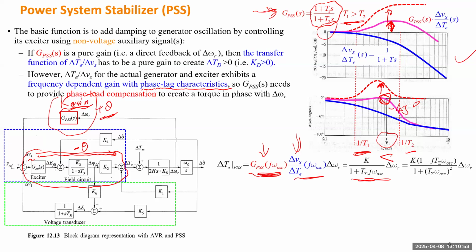If I just give you the very simple simplified version. So here the T sigma just means the total time constant, everything in the denominator. And if you make the denominator real and move the imaginary number to the numerator, finally you will have this one. It will have a real part and an imaginary part. The real part will be the damping torque, and the imaginary part, using the formula we proved, right?